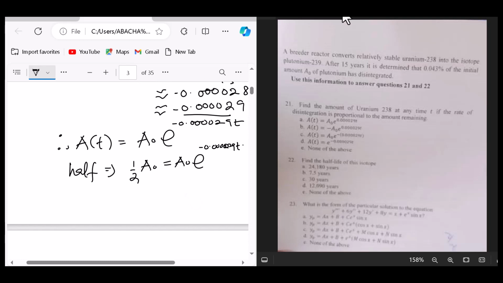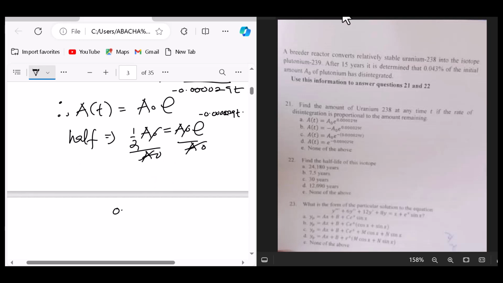So we just have to work out the t. We divide by A naught on both sides, and the A naughts go. So we get 0.5 equals e power negative 0.000029 t.